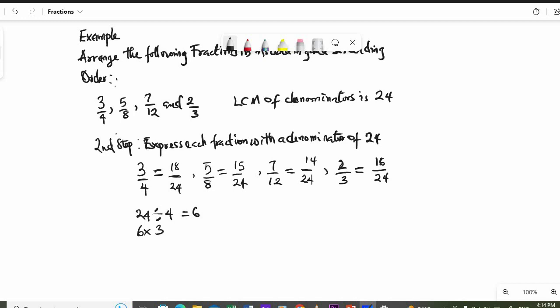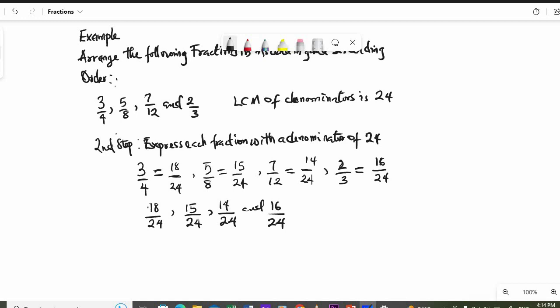Okay, so we have our equivalent fractions as what? 18 over 24, 15 over 24, 14 over 24, and 16 over 24.